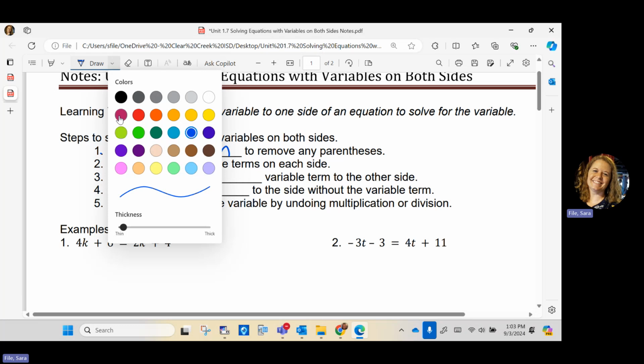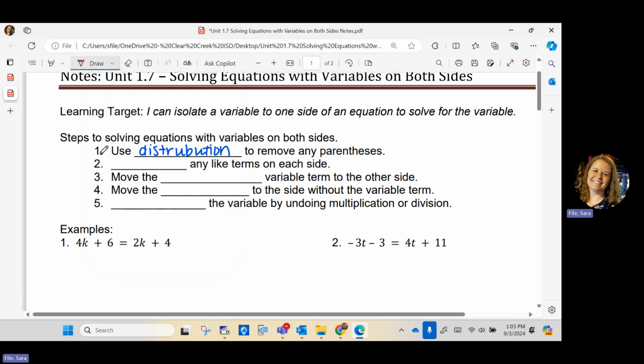Once you do that, or if there are none, then you're looking to combine any like terms. So combine like terms on both sides of the equation. I say on each side, it's each side separately. So we have to look on the left side and combine if needed, look on the right side and combine if needed.